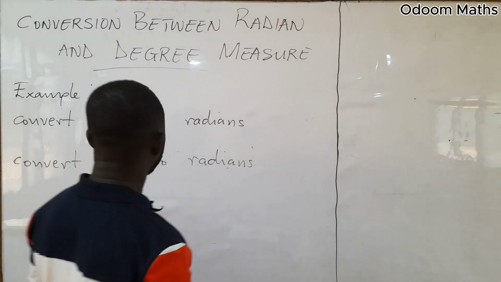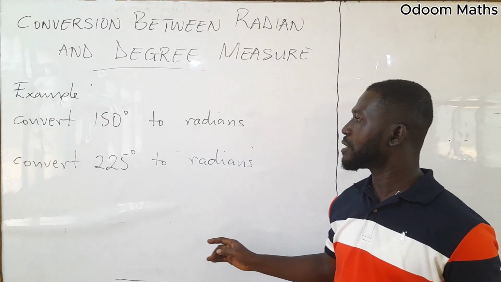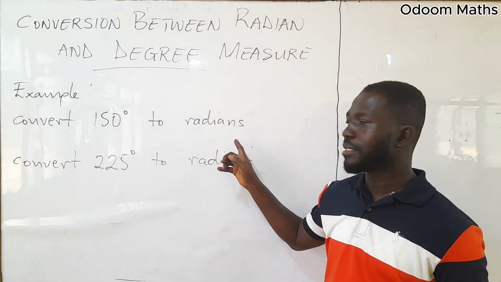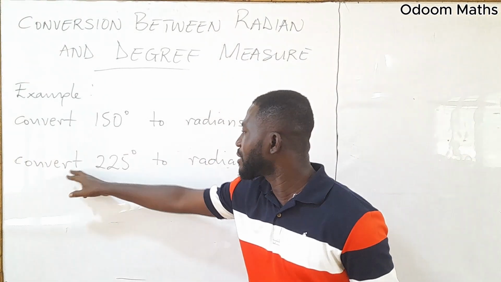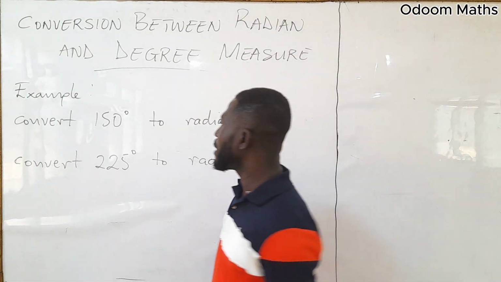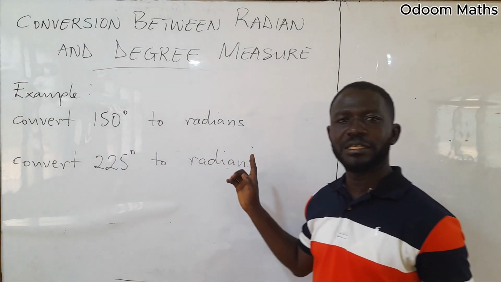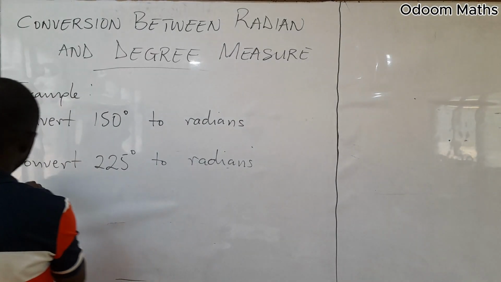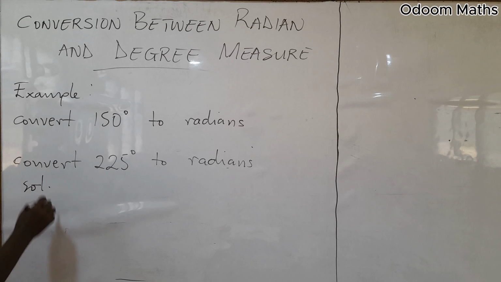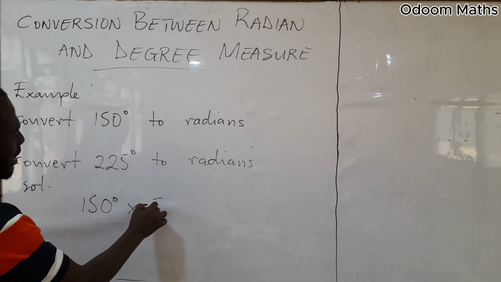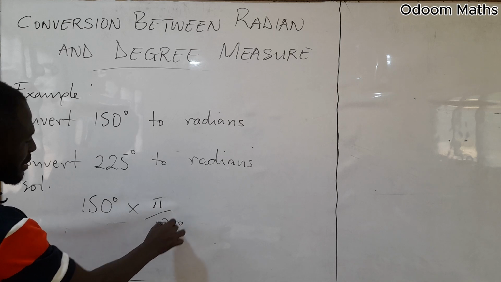Okay, so now let's look at these two examples. We are to convert 150 degrees to radians, and then 225 degrees to radians. I said to convert from degrees to radians, we multiply by pi over 180. So in the first case, 150 is multiplied by pi over 180 degrees.